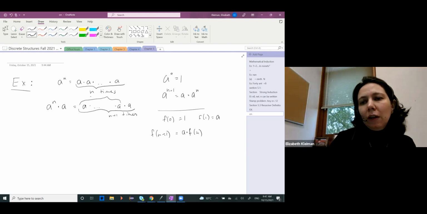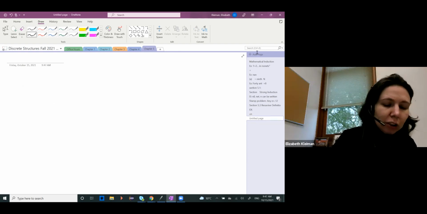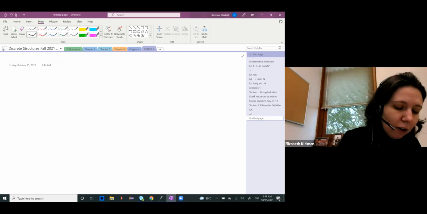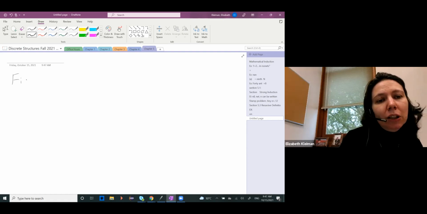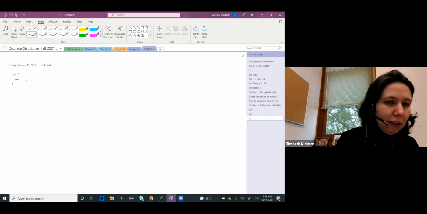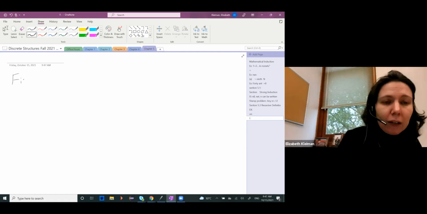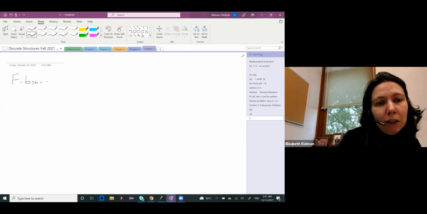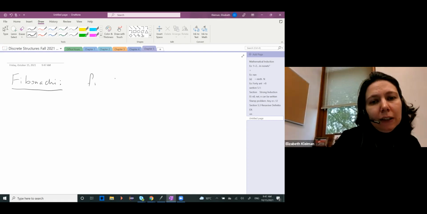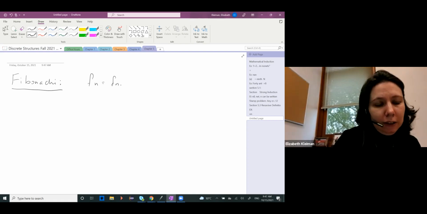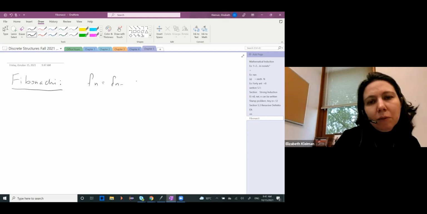Now, let's talk a little bit about the common sequence, Fibonacci. We already watched the movie and we already know how Fibonacci works. So now let's define Fibonacci as a recursive function. F of n is equal to f of n minus 1 plus f of n minus 2.